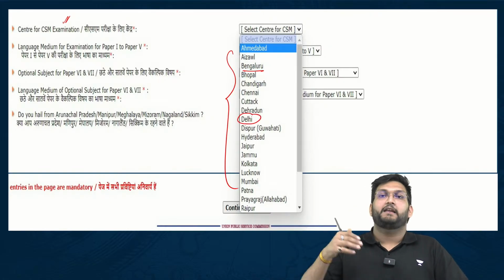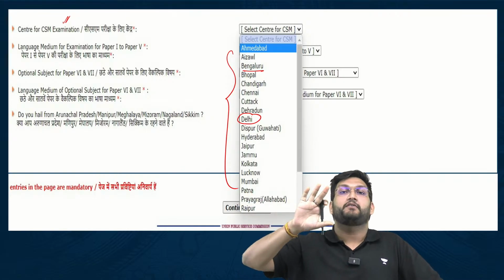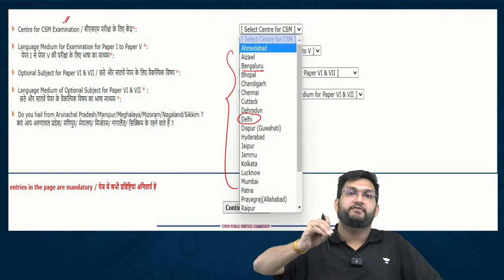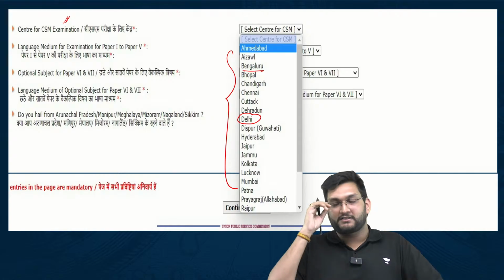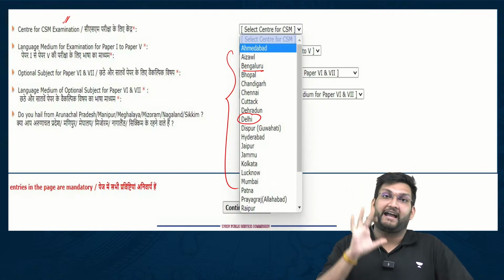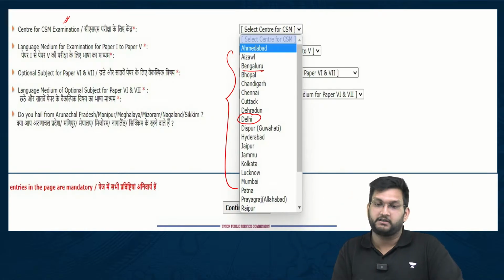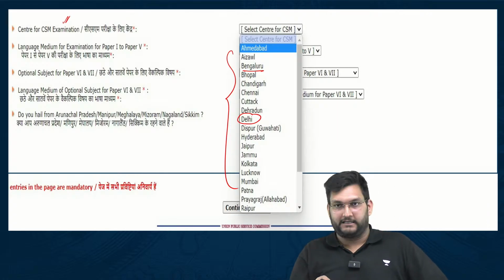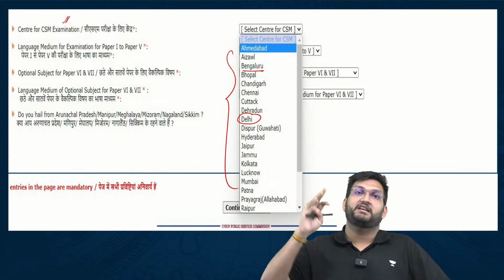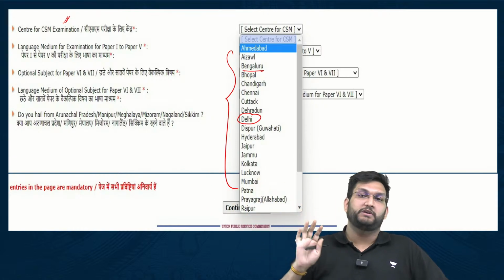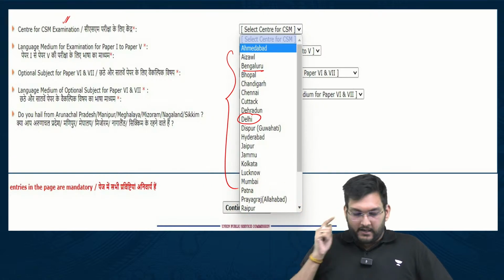In the same way, choose a center which is a maximum of 50-60 kilometers away, because you would have to go there and live there for 5 to 6 days when you give your mains examination. Don't take it lightly. This again cannot be changed in any further correspondence with UPSC. This remains what it is.